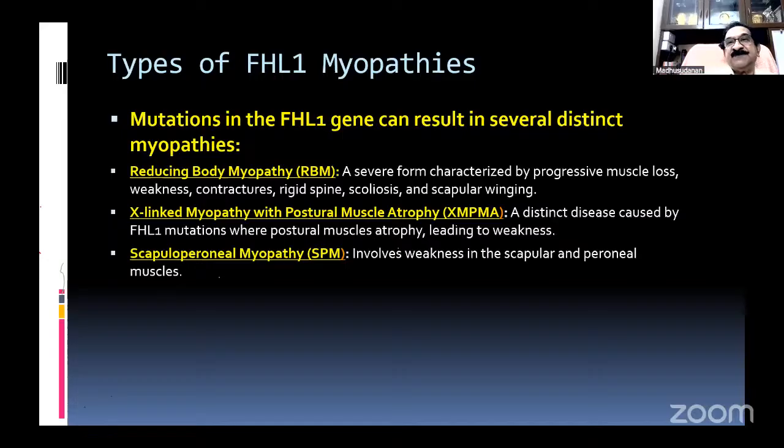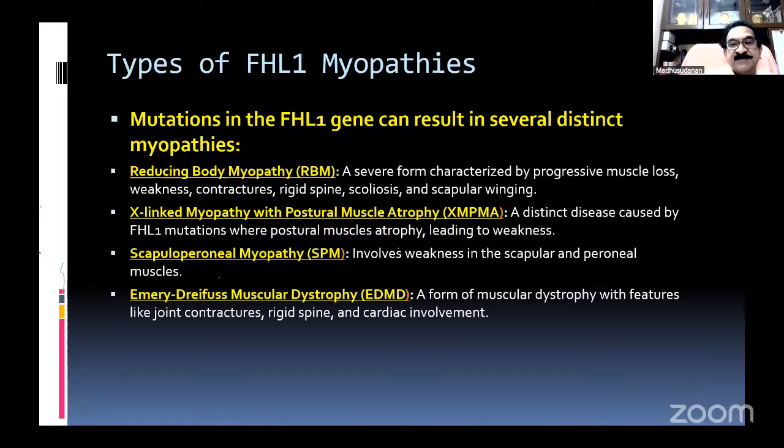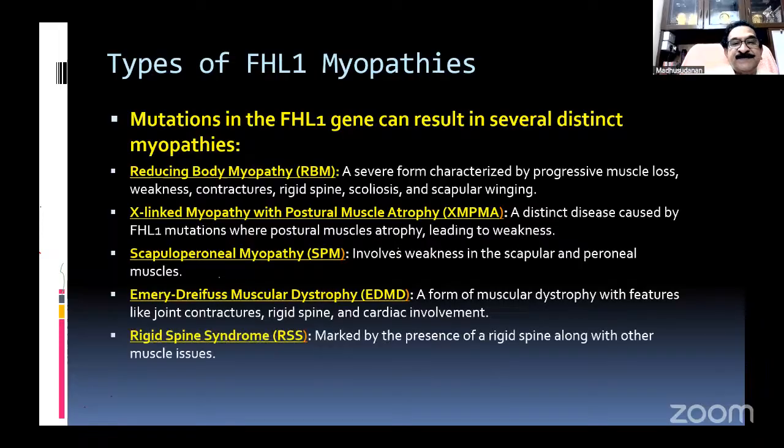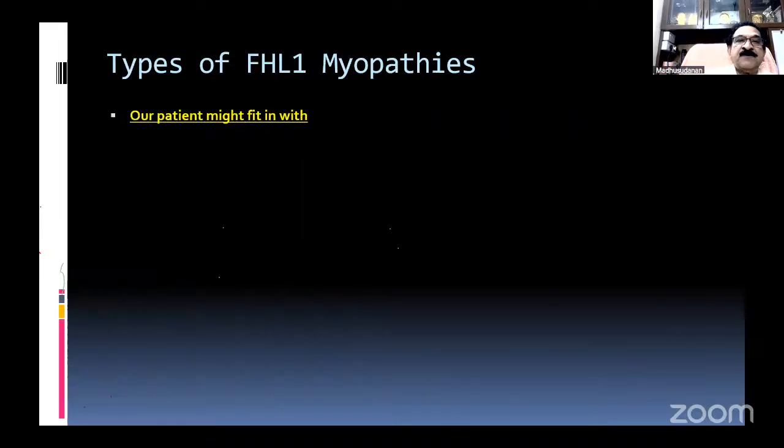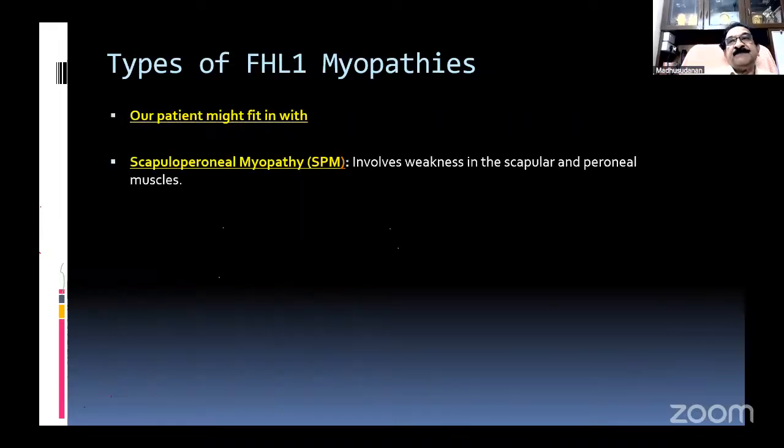Scapuloperoneal myopathy is the one which closely fits our phenotype, involving weakness of scapular and peroneal muscles. Emery-Dreifuss muscular dystrophy is a form of muscular dystrophy with joint contracture, rigid spine, and cardiac involvement. And hypertrophic cardiomyopathy affects only the heart muscle. Or our patient might fit with a couple of myopathies at the same time.